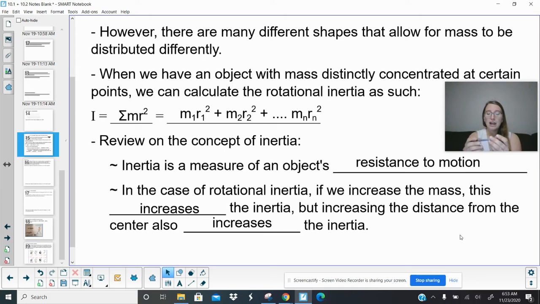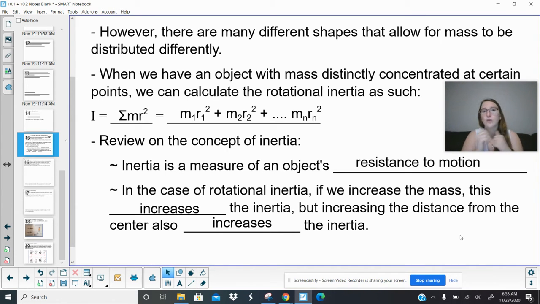However, if I were to keep the same mass of this, now this is very light, so it'd be difficult to maintain the integrity of the pencil. But if I were to extend this pencil and somehow flatten it out as if it were clay and stretch it, and then try to spin it around the center again, it would be more difficult. If you've ever spun a stick around, the longer the stick, the harder it is to rotate.